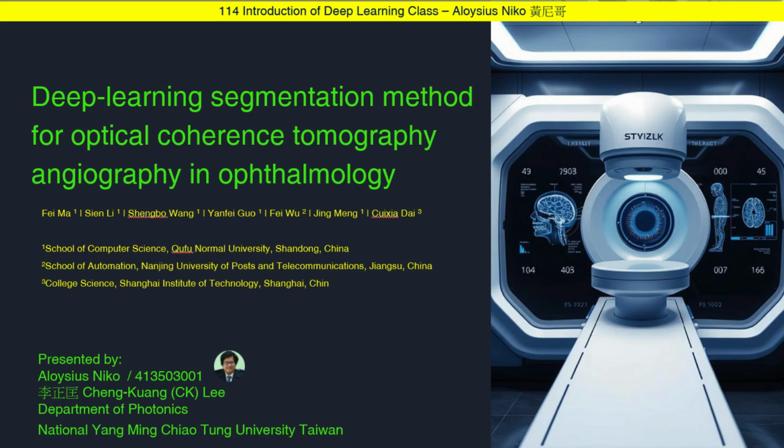For ophthalmologists, this will be helpful for quicker diagnosis and better detection of diseases like diabetic retinopathy or glaucoma. So OCTA and deep learning can help future medical diagnosis. And without further ado, let's talk about this paper and review it together.